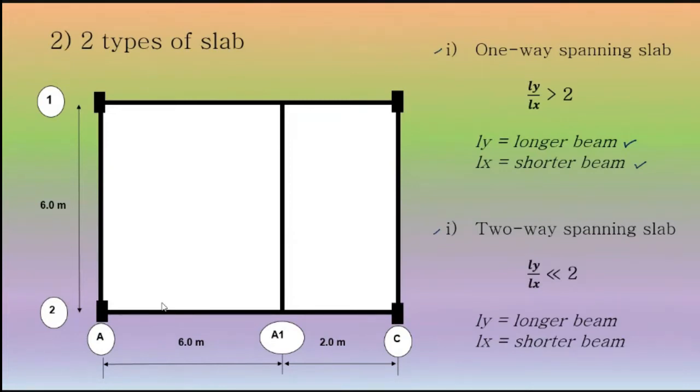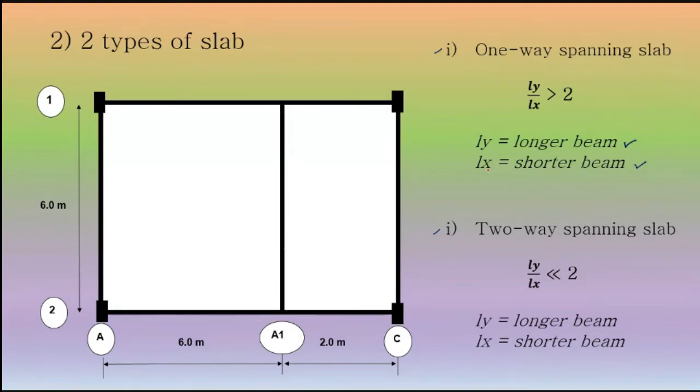Okay, kita tengok two types of slab. So kat sini, as you know, kita ada two types of slab. One way spanning slab and also two way spanning slab. Okay, so untuk one way spanning slab, of course the ratio of Ly over Lx is more than 2. So please remember Ly is longer beam, Lx is shorter beam.